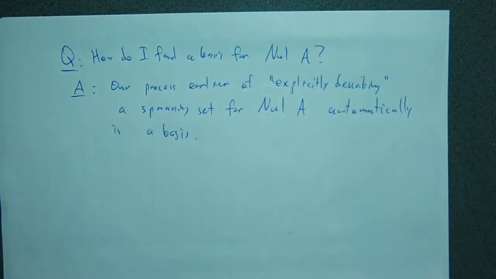Now, I'm not saying that if you find any spanning set of null A, it's a basis. That's clearly wrong. But if you found your spanning set of null A through the process that we used earlier, then the resulting list of vectors always forms a basis. That's the last important bit about that.